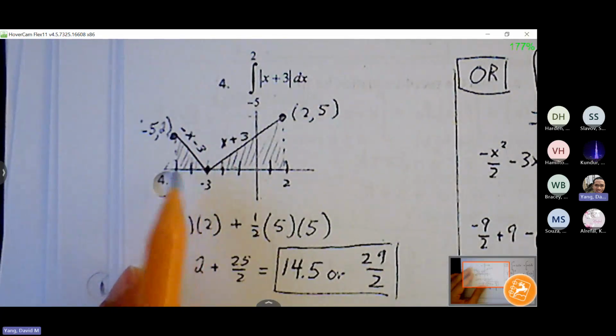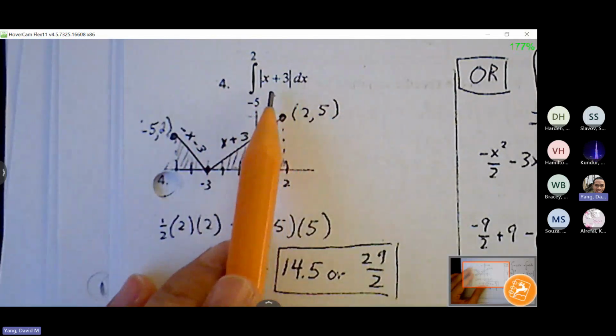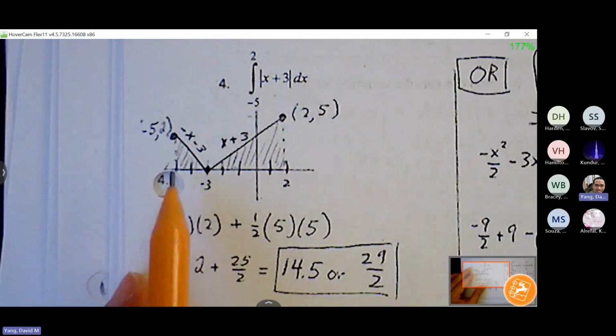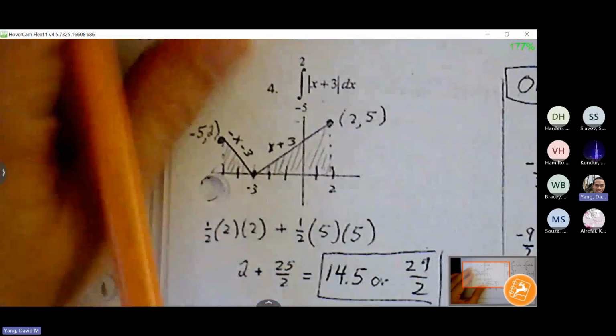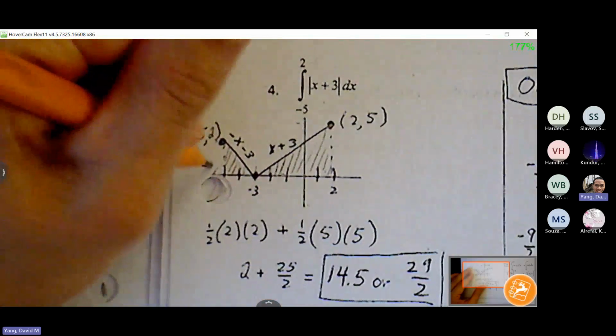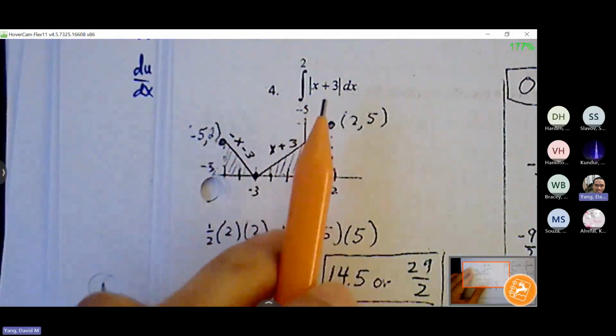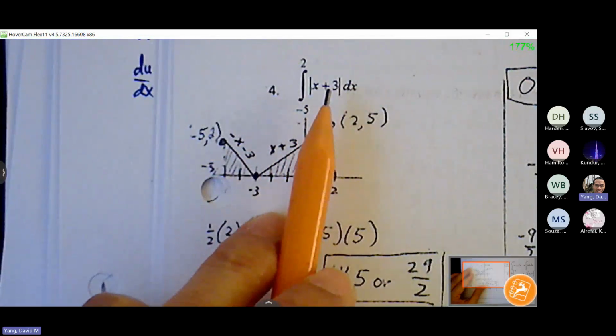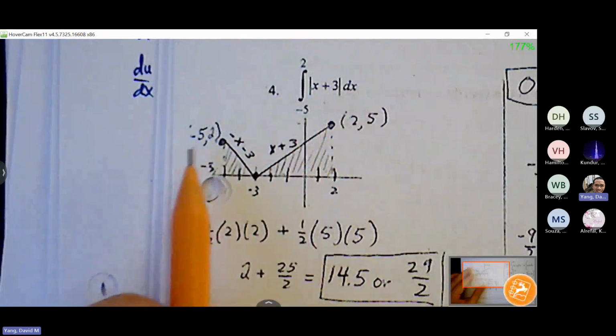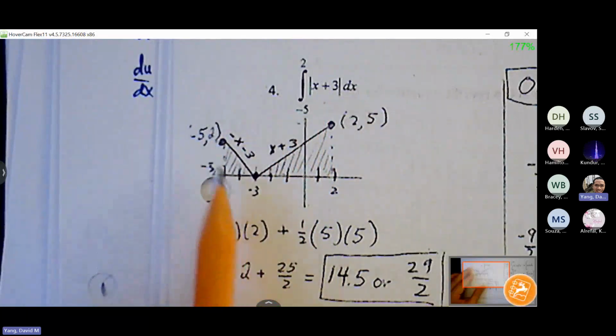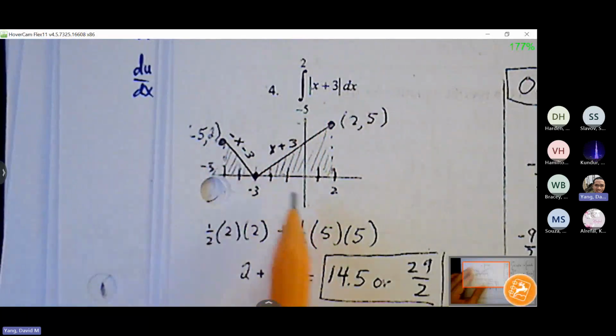Our width here is 2. And if I plug -5 into the function, because this is -5 here, -5 plus 3 is -2. Absolute value of -2 is 2. 2 is the height as well. So width and height are both 2.